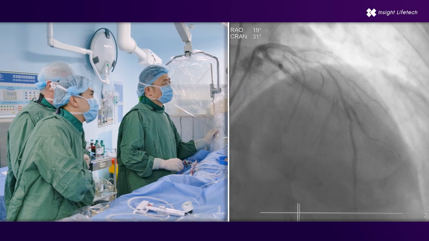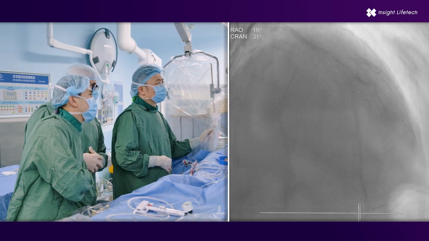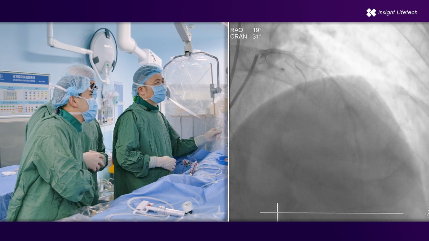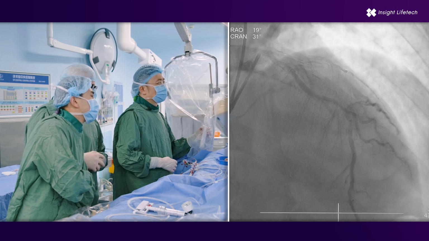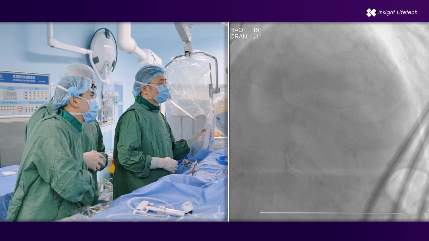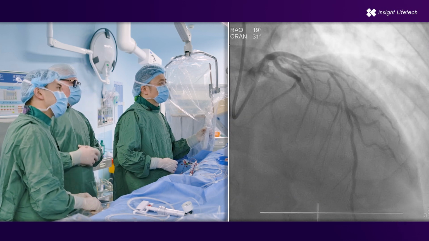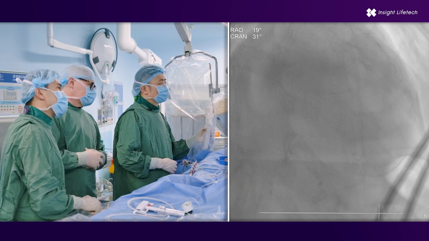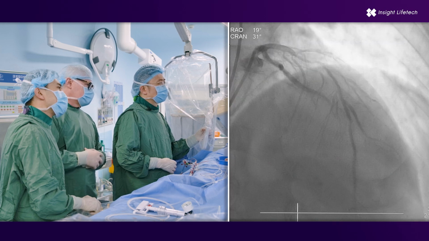So what would be your strategy now after predilatation? We'll implant a stent distal to the Y, protect the diagonal, and also use the jailed balloon technique to protect this branch when we deliver the proximal stent.